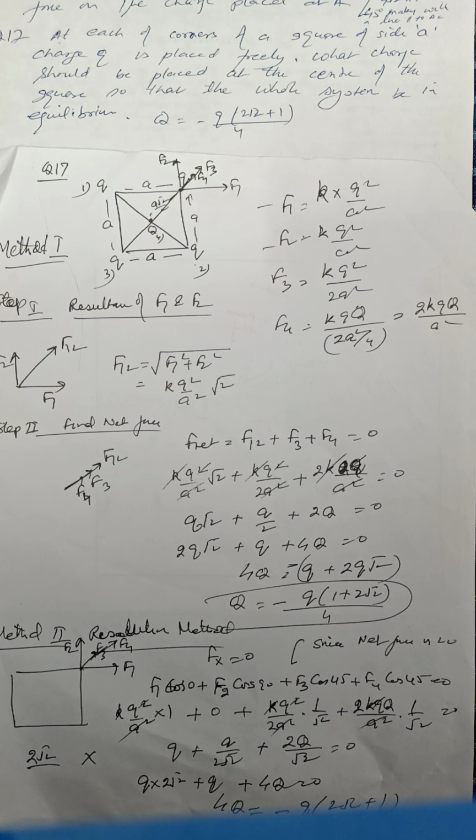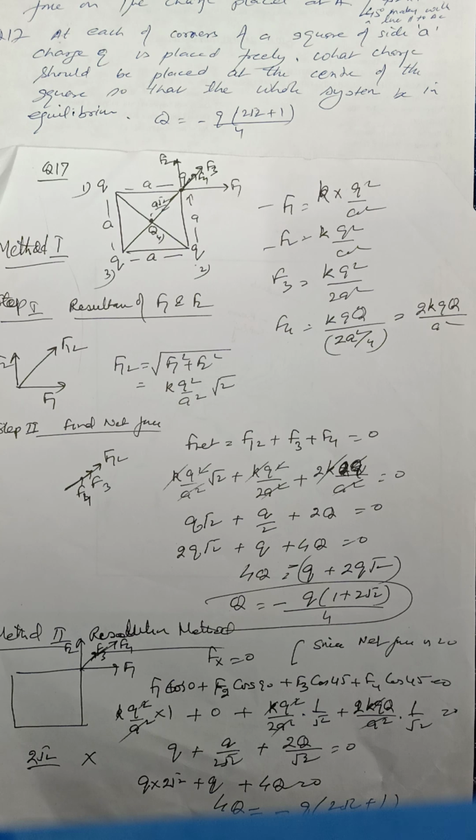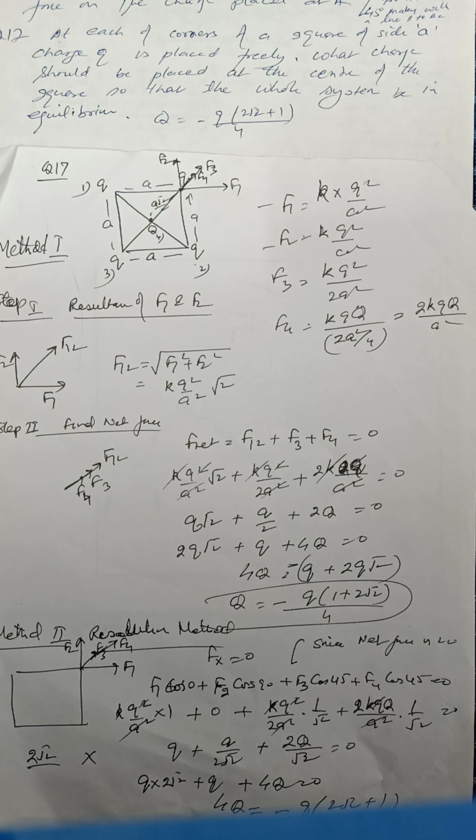The second method is called the resolution method. In this method we draw all the forces F1, F2, F3, F4. Since the net force is 0, the x component of all forces should be 0. The x component of the first force is F1 cos 0, as F1 makes an angle of 0 degrees with the x-axis. F2 makes 90 degrees, so F2 cos 90.